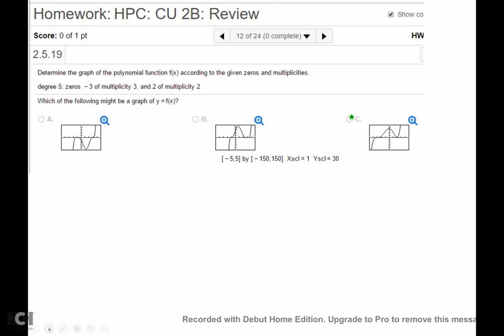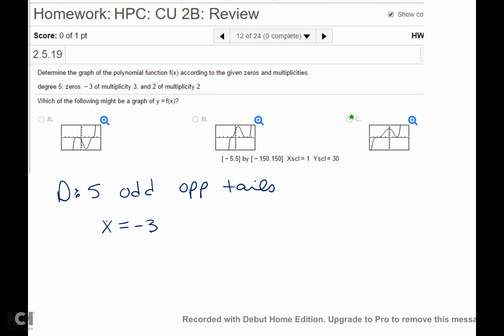Alright, determine the graph of the polynomial function according to the given zeros and multiplicities. Well, degree 5. That's an odd number, which tells me I have to have opposite tails. Well, I can't eliminate any of them, they all have opposite tails. Okay, let's see, what else does it tell me? It says that I have zeros of negative 3 of multiplicity 3.